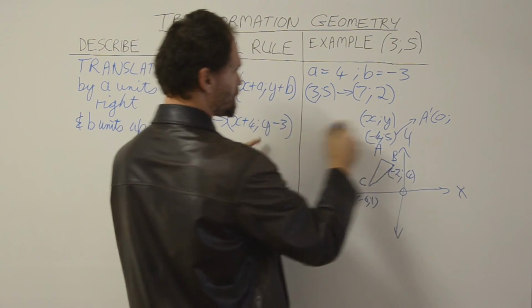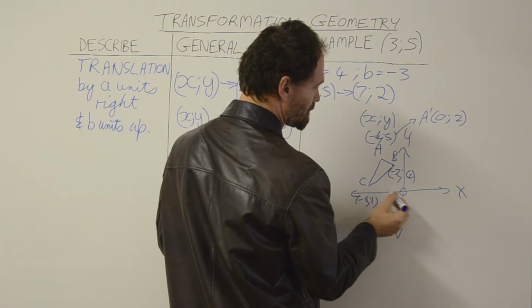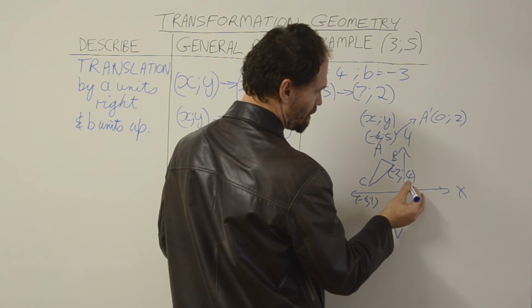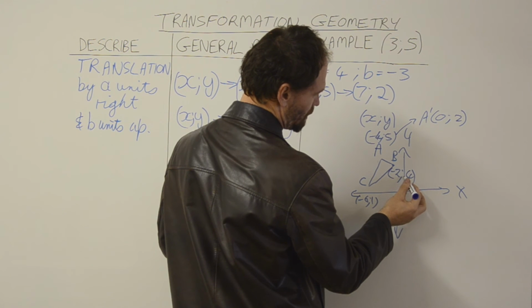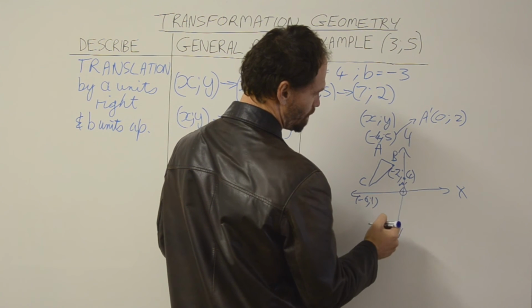And 5 minus 3 is 2. Let's plot that point. That is at x value of 0, y value of 2, which will be around there. So that'll be A prime.